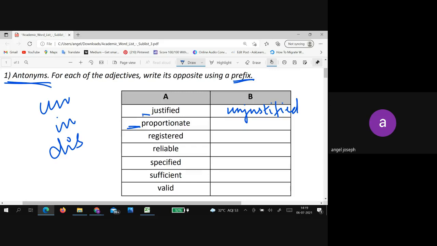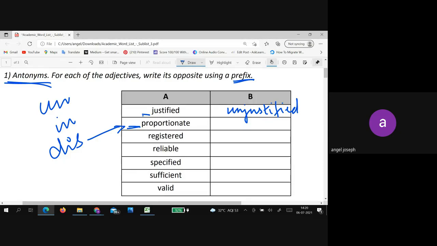Disproportionate, yes. So I would put dis in front of proportionate. This will become disproportionate. And let's be a little quicker. Like I said, even if it is wrong, I am right here to give you an understanding of it. So do speak up.